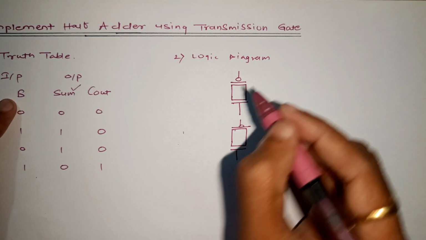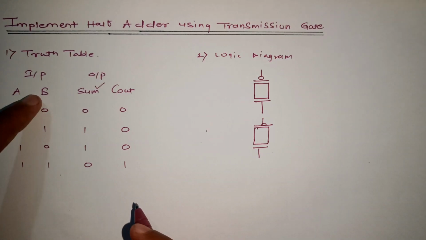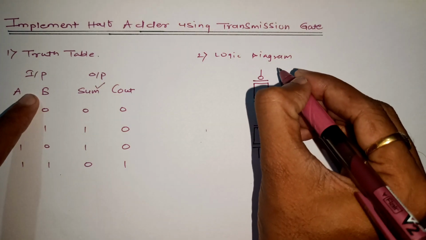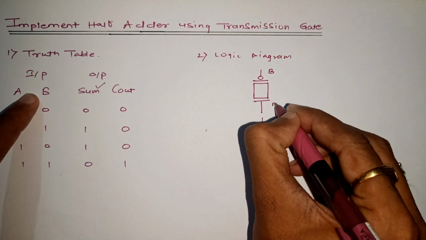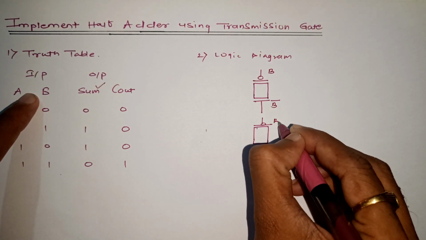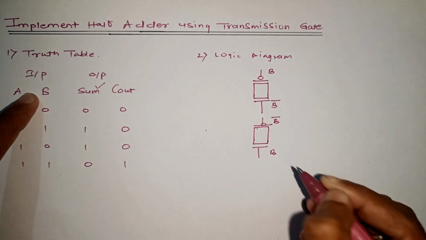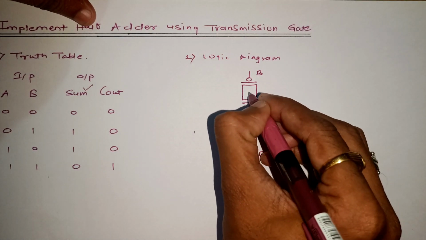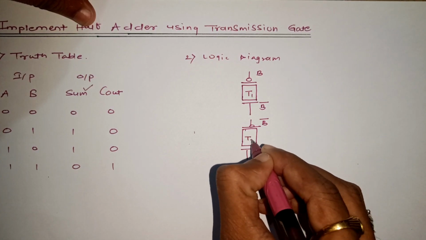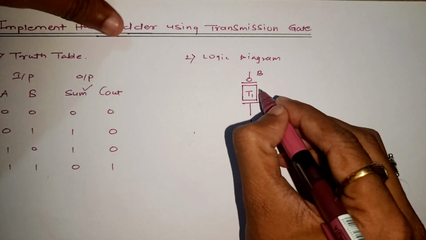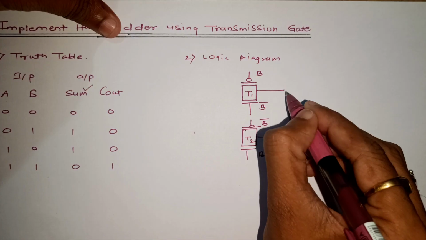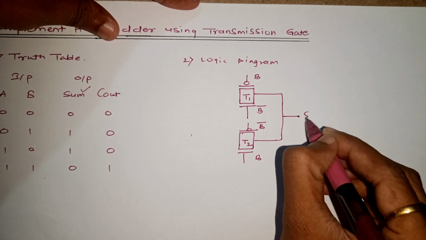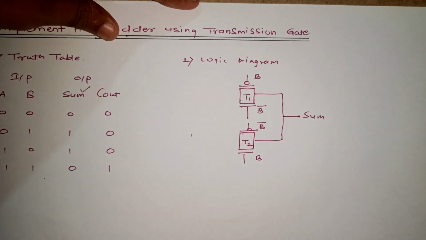Now coming to the control signal, always check the LSB bit as the control signal, which is nothing but B. So here we'll be getting B, this will be B bar, again the same B bar, and this will be B. This is how we arrange our transmission gates. This is transmission gate T1 and this is T2. Now we'll short these two terminals, and this will be our first output, sum.